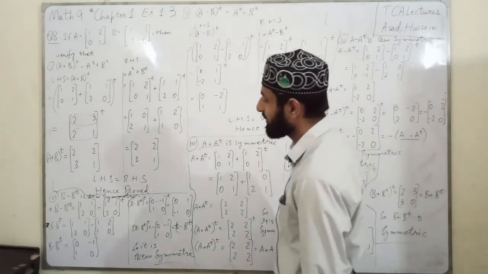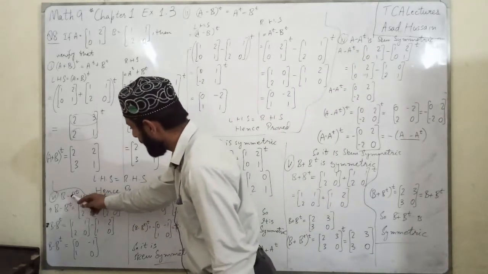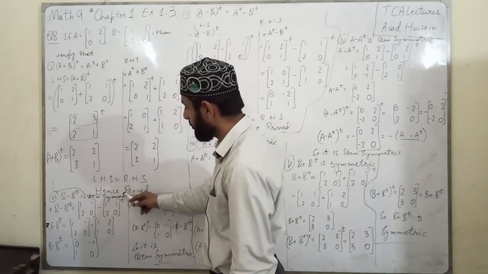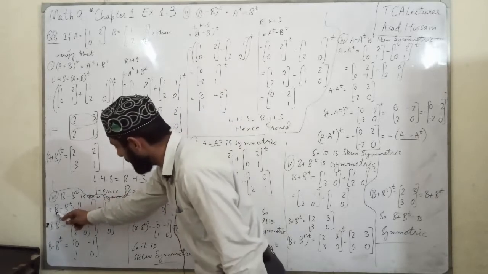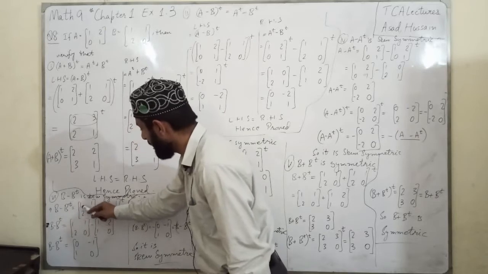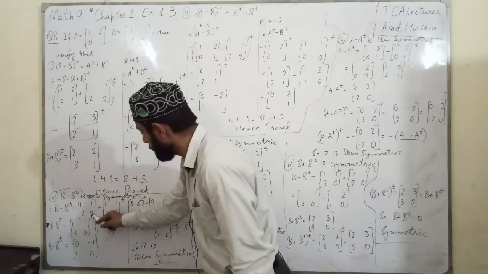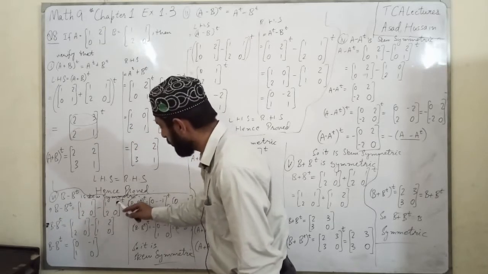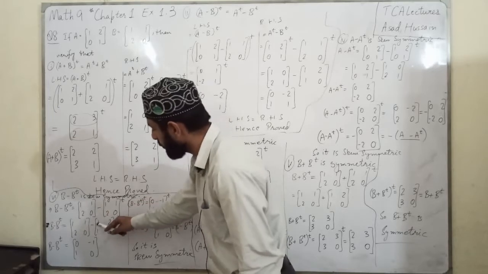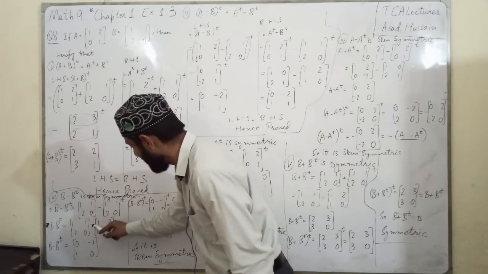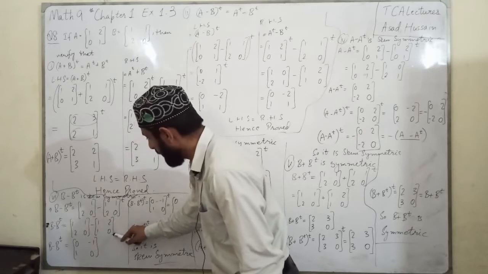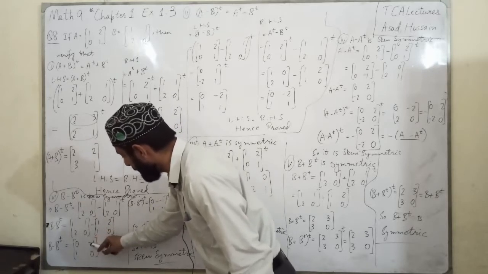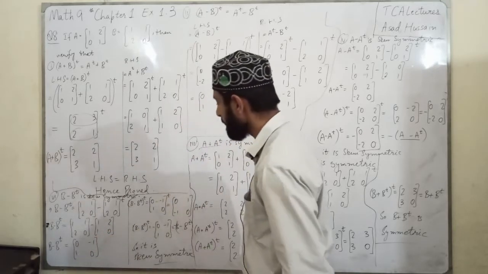Moving on to part number 6, which is B minus B transpose is skew symmetric. For this, first find the value of B minus B transpose by putting the value of B, which is [1 1; 2 0] minus [1 1; 2 0] transpose. Taking the transpose, we get [1 1; 2 0] minus [1 2; 1 0]. Subtracting the values, we get [0 minus 1; 1 0].